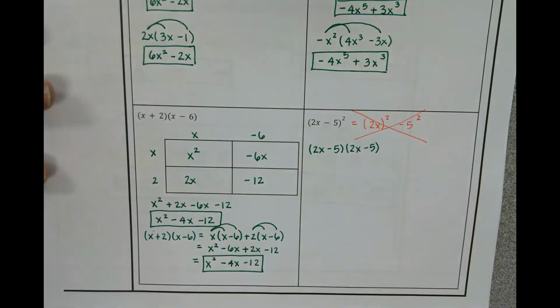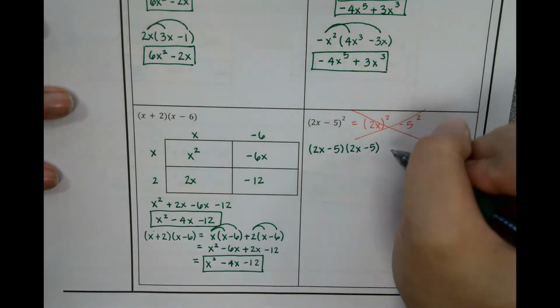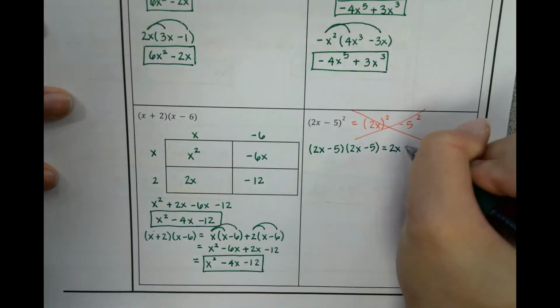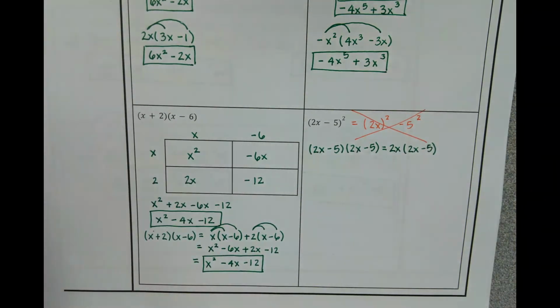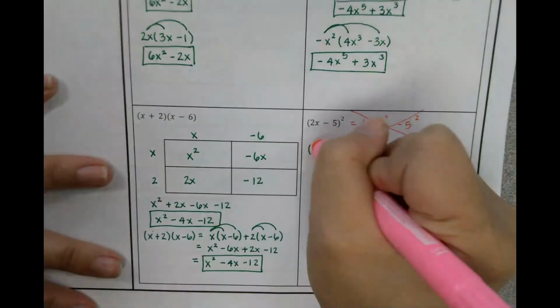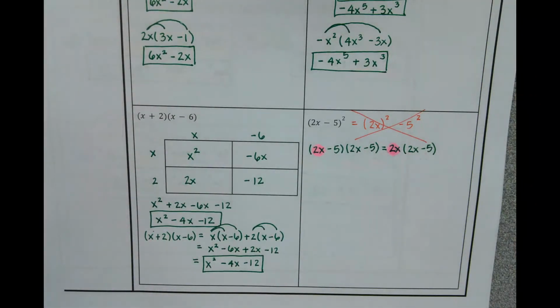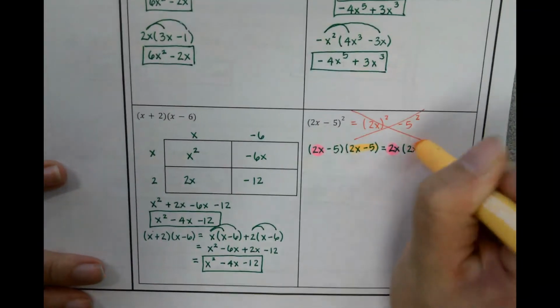Okay. And so what I'm going to do is I'm going to take each term and distribute it. So I'm going to take this 2x here and distribute it to 2x minus 5. Right?